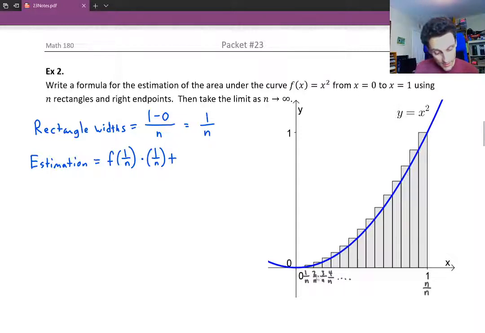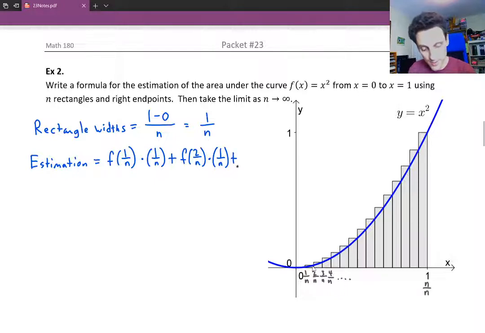On the second subinterval, if we're using the right x value to plug in, that's going to be 2 over n. Plug that into the function to get the height of that second rectangle. So f of 2 over n represents the height, or the y value, of that second rectangle. Multiply that by the width of that second rectangle.